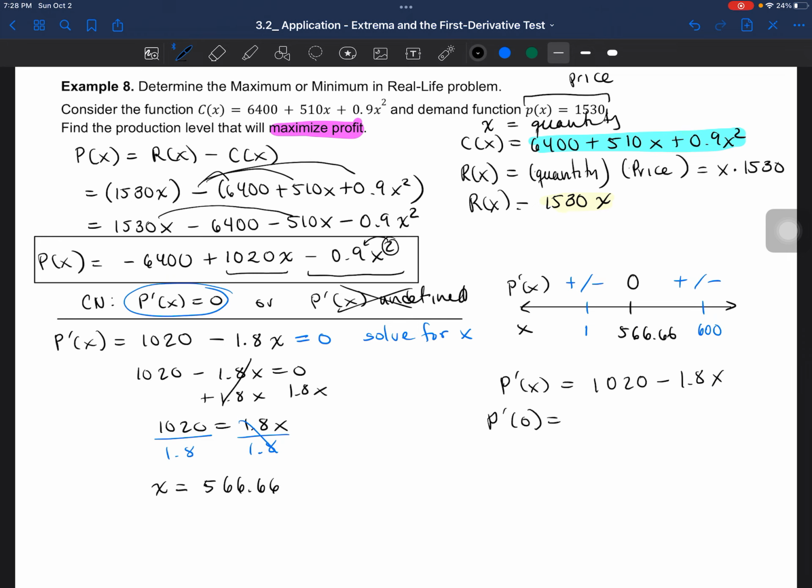So whenever we have the derivative at 0, this is 0, so that gives us a positive 1020, right? We don't care that it's actually 1020, we just care that it is a positive value. And then, sorry, I meant to plug in 1. So 1 here is still gonna give us a positive number.